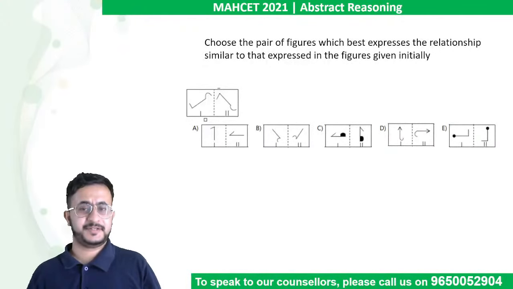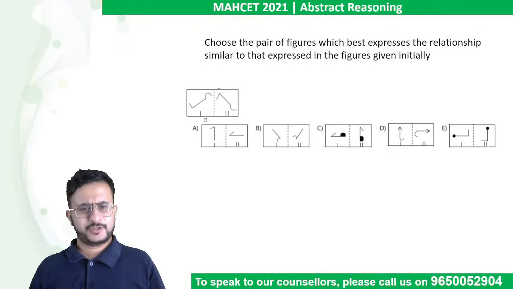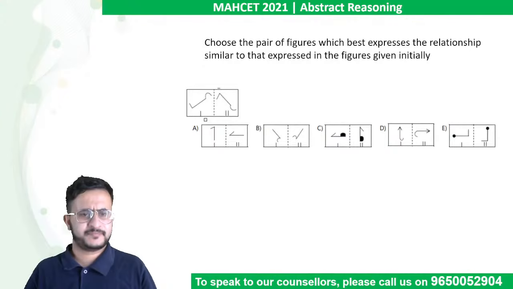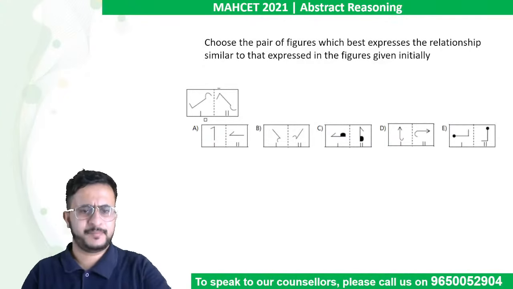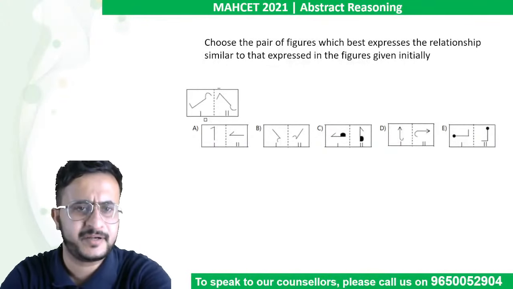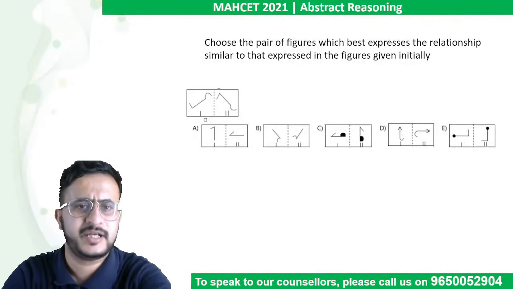Which one will be the answer? A, B, C, D. So there is some rotation, right? Observe the same rotation in the answer images and answer. Some rotation is happening to the images. So by what angle they are rotating, what is happening after that. So just watch that and answer the question.